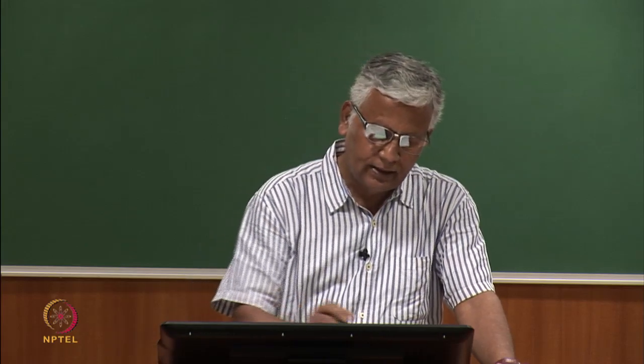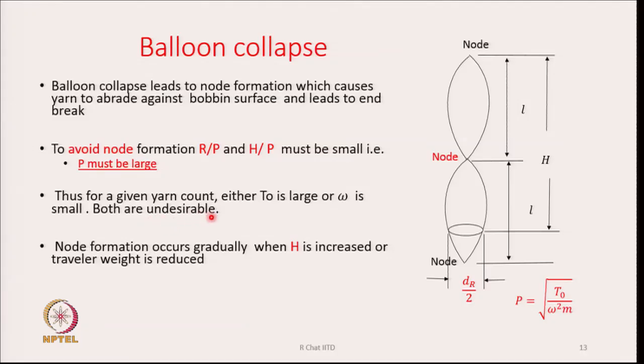We have already discussed T. Higher T means more possibility of breaks. So, therefore, T0 should not be very high, but if I keep omega low, then also P will increase. But why are we writing that this is undesirable? What could be the reason?